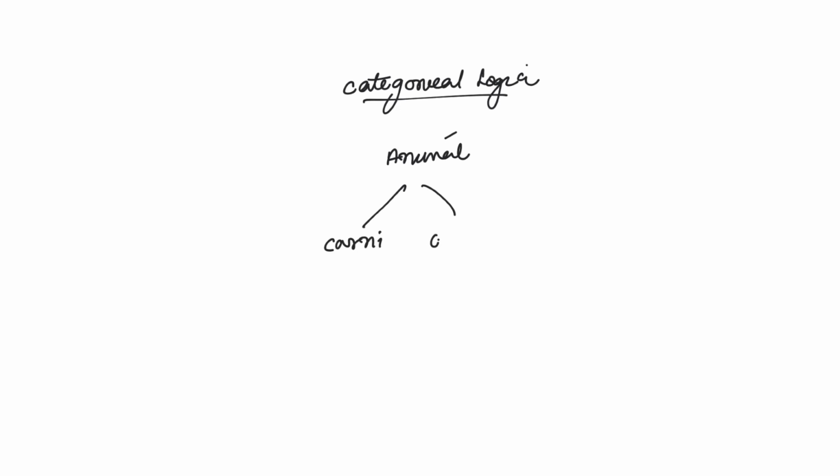Let's take a look at categorical logic. It just means classification. Like if we have an animal here, is it a carnivore, or is it an omnivore, or is it a herbivore? So this is basic classification. In this case, how do we actually classify? What's the logic behind this? Well, it's all in the modal modifiers. All, some.